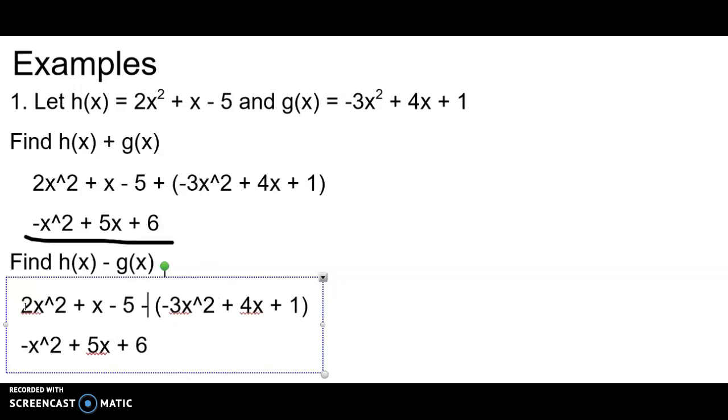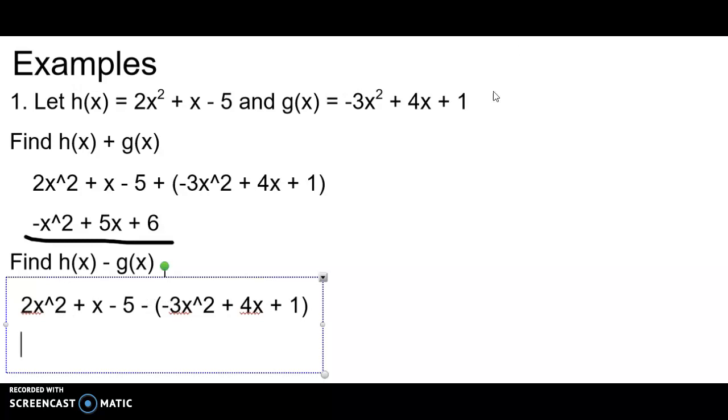So we took the whole first one, h of x, which is 2x squared plus x minus 5, and we're subtracting the entire function g of x, which is negative 3x squared plus 4x plus 1. Now what we have is 2x squared minus negative 3.